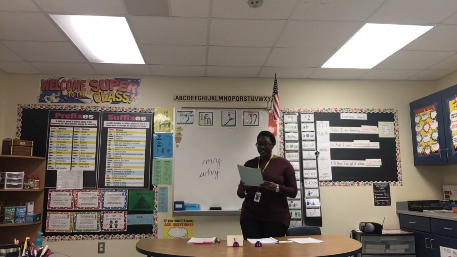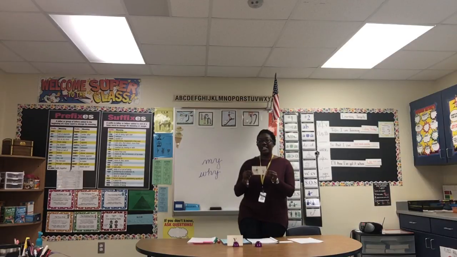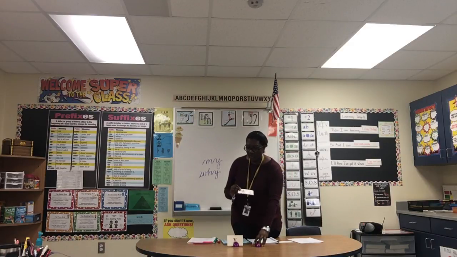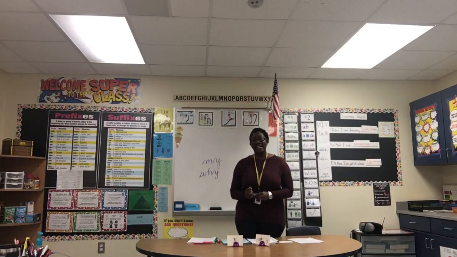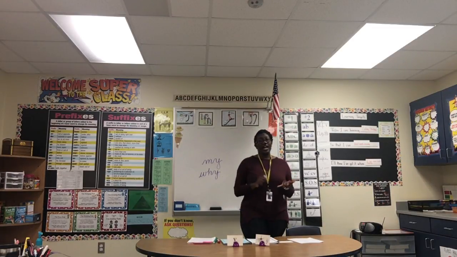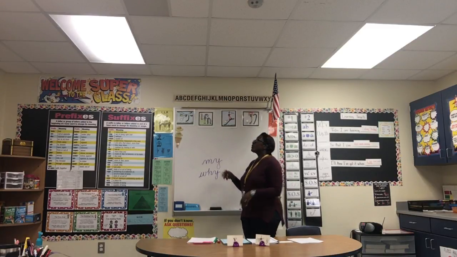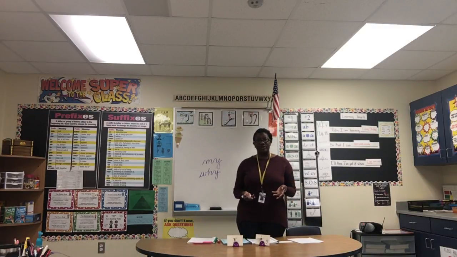The key word and sound for Y in our book or in our cards is fly, I. That's our key word and sound. And the way we code I in the final position, because we know our vowels are A, E, I, O, U, and sometimes Y. Well, Y in a final position is considered a vowel.